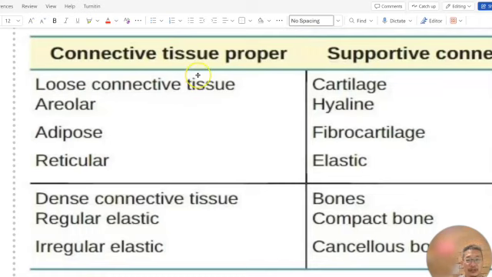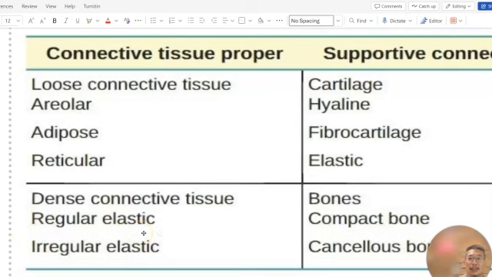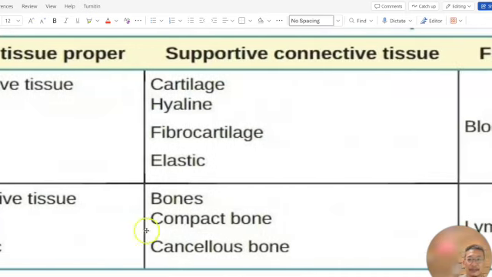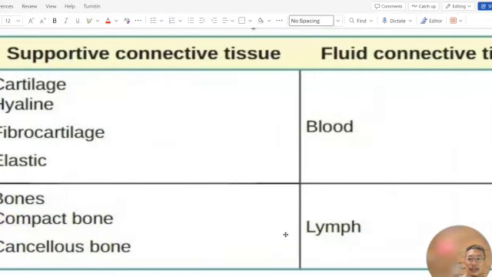Because under connective tissue proper, we're going to see loose connective tissue, areolar, adipose, reticular, and dense connective tissue. And there are two types. There's regular elastic, irregular elastic. Under supportive, there's cartilage, hyaline, fibrocartilage, elastic, bone, divided into compact and cancellous bones. And then the fluid connective tissue.